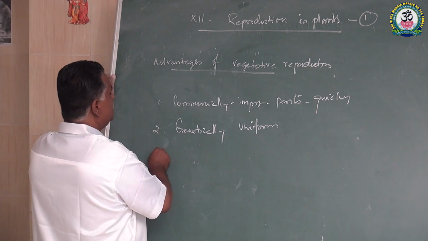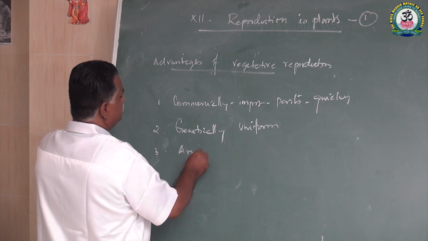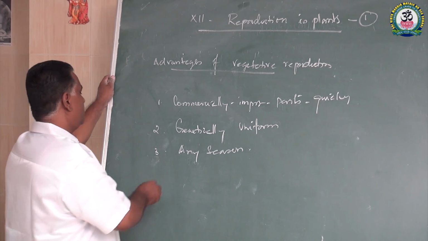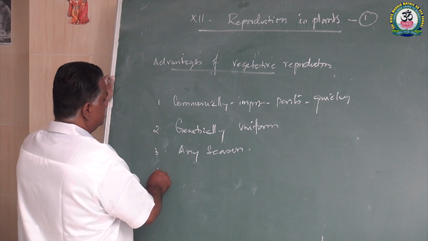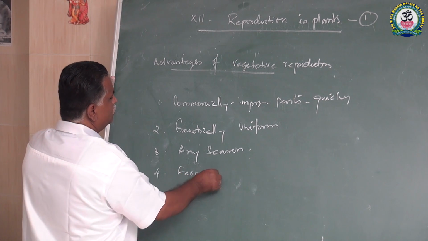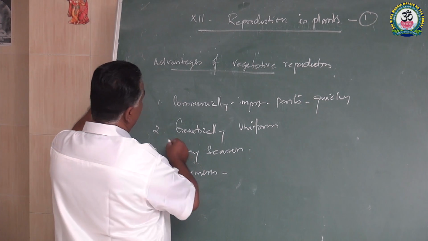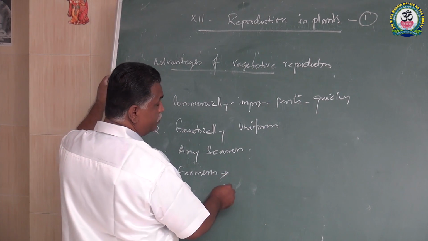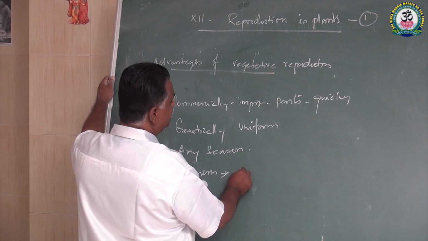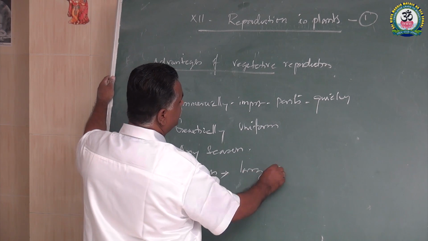Number three, it can be produced in any season. And fourth point, farmers use this method of propagation to produce commercial plants in large quantity.